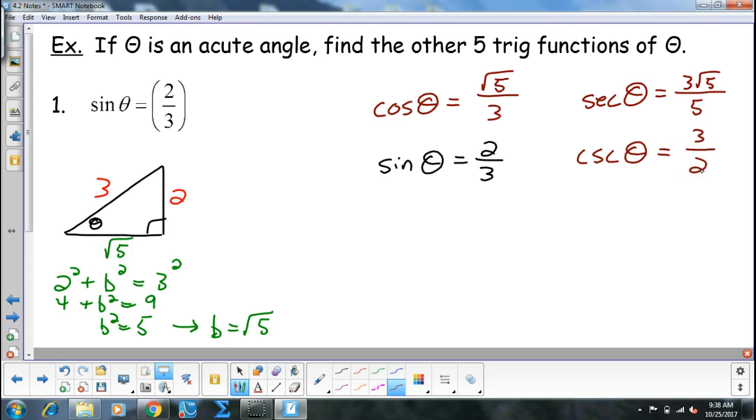The tangent of theta we need, and that's what? Two square roots of 5 over 5?